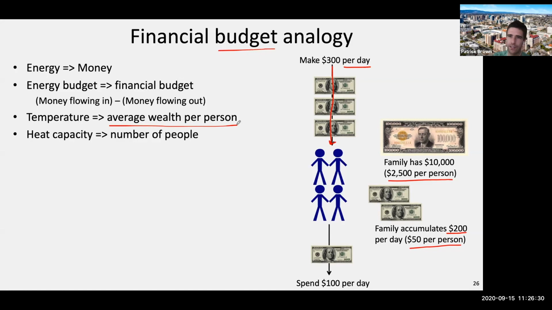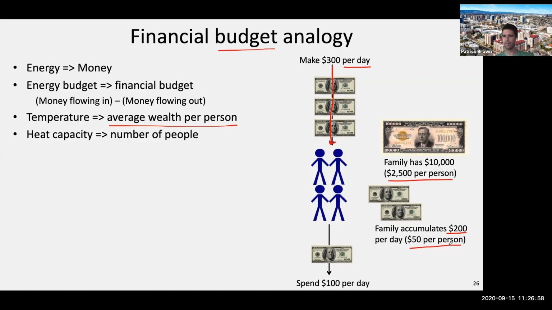Let's just imagine that we have the same situation. We have more coming in than leaving. So more money coming in than leaving, or more energy coming in than leaving. If we have more people in the family, then your dollars accumulated per person is less, right? Because you're dividing that same amount of energy imbalance amongst more people.